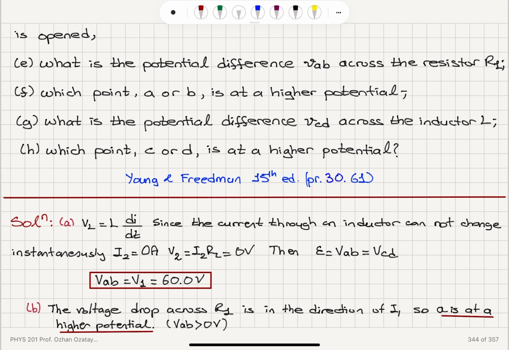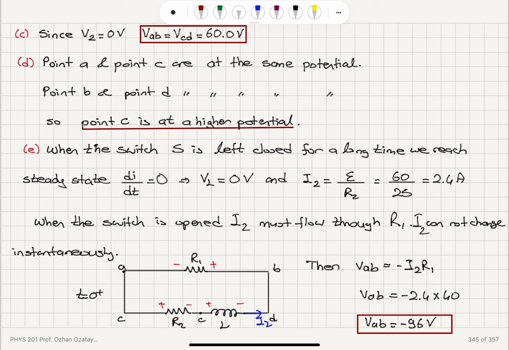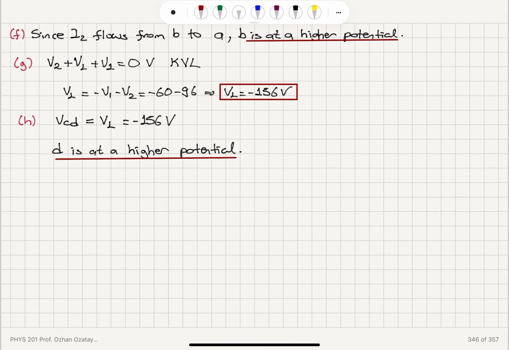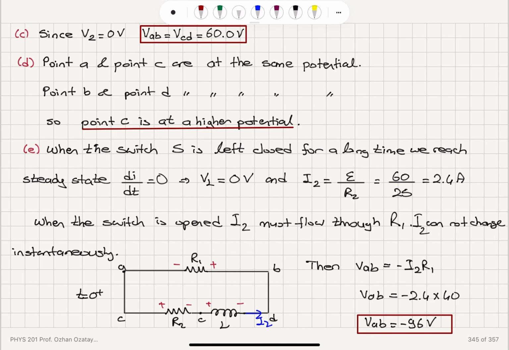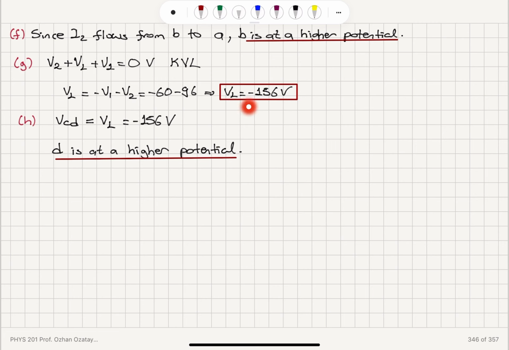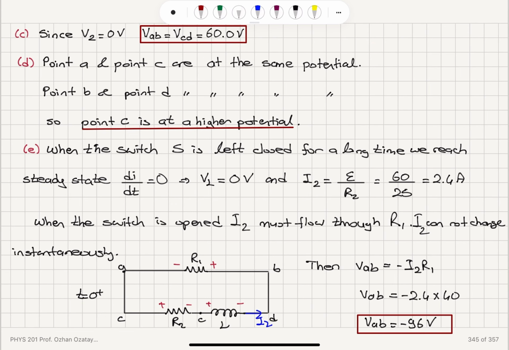And what is the potential difference across the inductor? The potential difference across the inductor was 0 volts at steady state, but now we have this I2 flowing through this circuit, so we have VR2 plus VL plus VR1 equal to 0, which means VL is minus V1 minus V2, so we will have minus 60 minus 96, minus 156 volts.